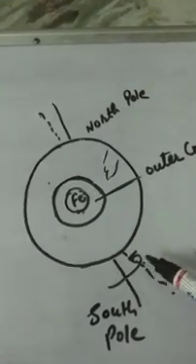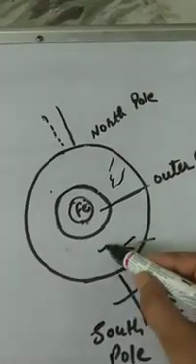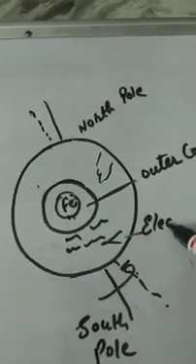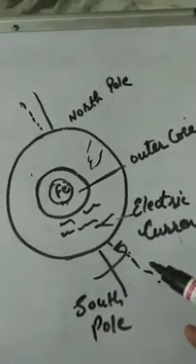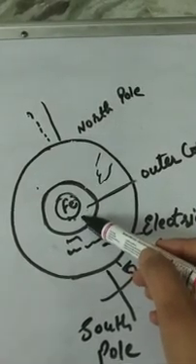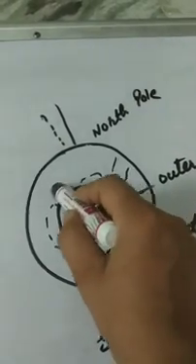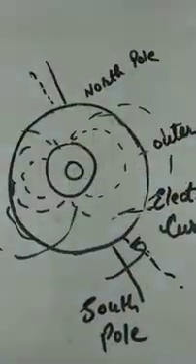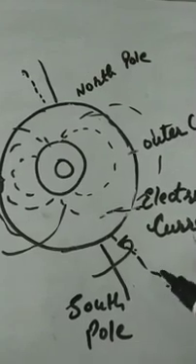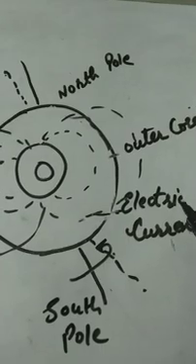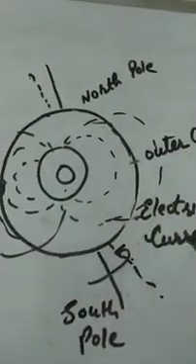Constant spinning of the earth around its axis creates electric current in this molten iron core, which in turn produces a magnetic field around the earth.